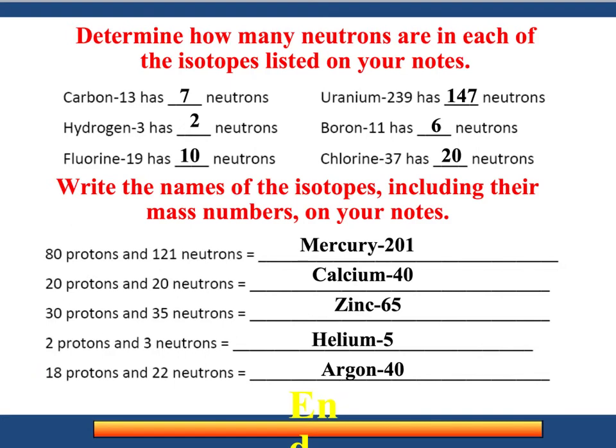To figure out the isotopes, you're looking at the number of protons, finding that number on the periodic table to give you the name of the element. And then you're adding the neutrons and the protons together. So here and here, we're going to add those together to get your isotope number.